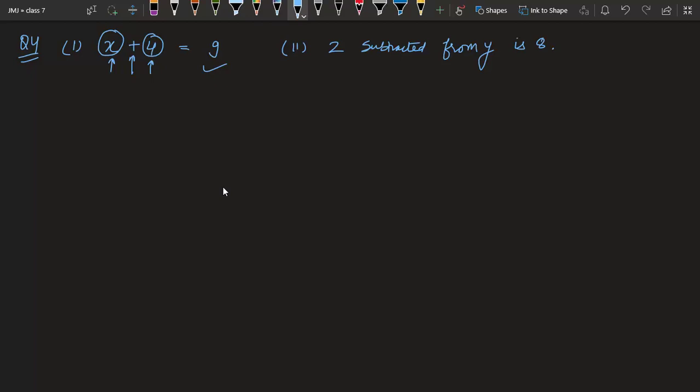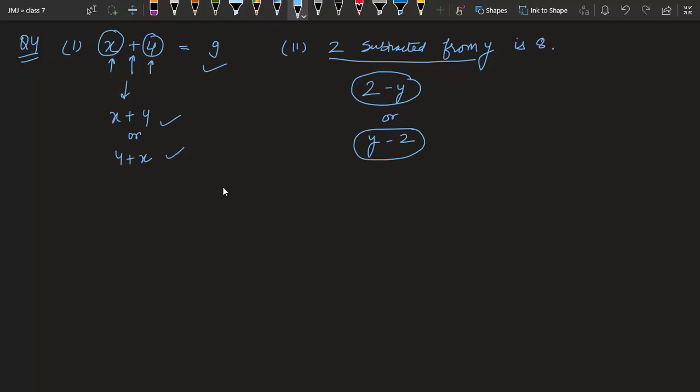We have to understand, does it mean 2 minus y or does it mean y minus 2? This is a bigger confusion, because in the case of addition, whether you write x plus 4 or you write 4 plus x, no problem, both are correct because addition is commutative.